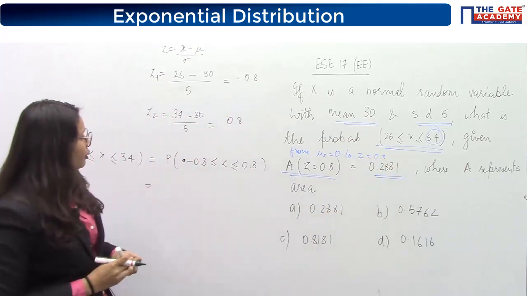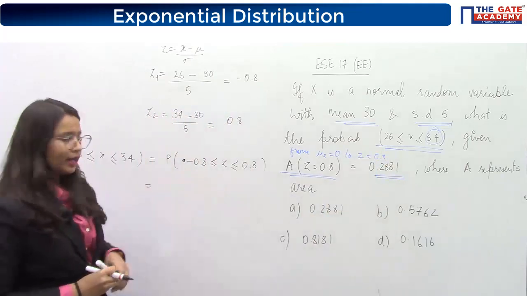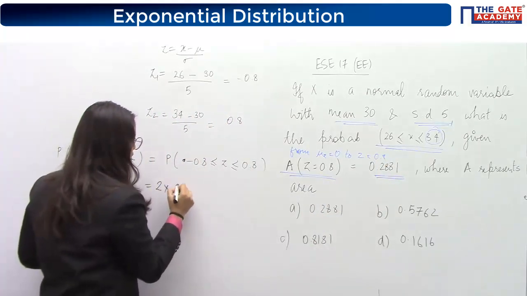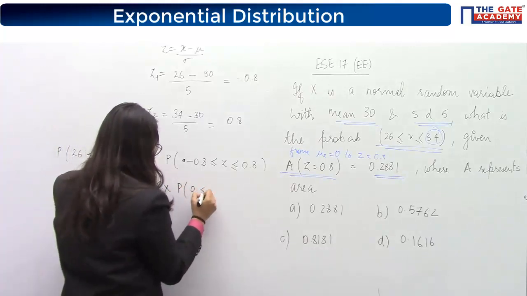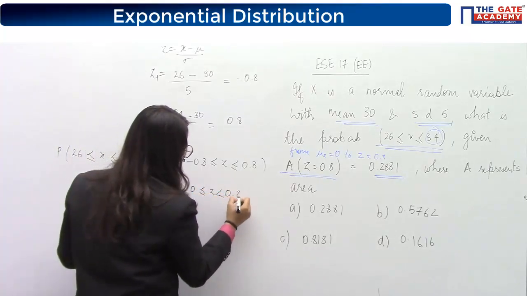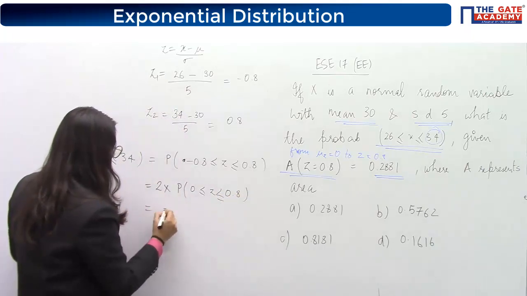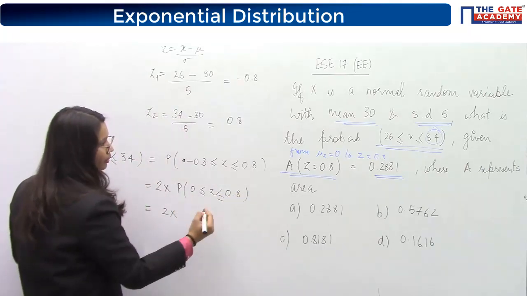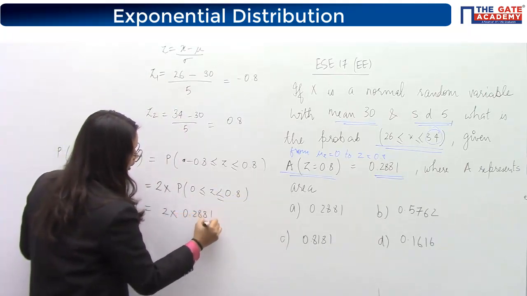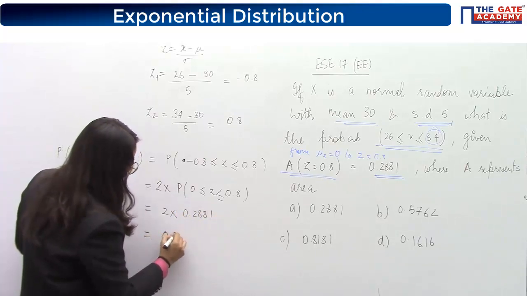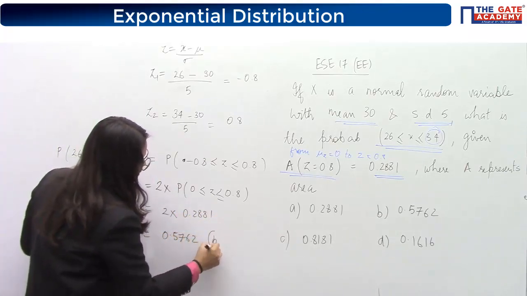Now if I require from minus 0.8 to 0.8, can I write that this is nothing but 2 into the probability of 0 to 0.8? Because this graph is also symmetrical, so this is nothing but 2 into 0.2881, and if you solve this you will get option B.